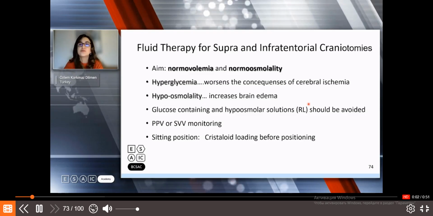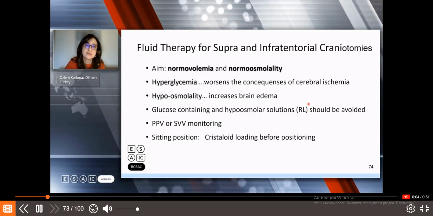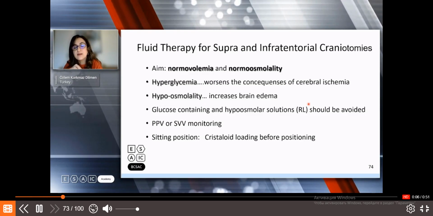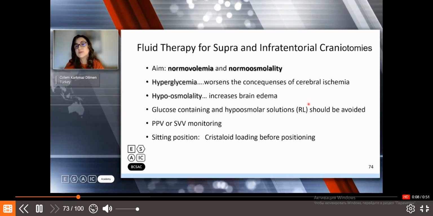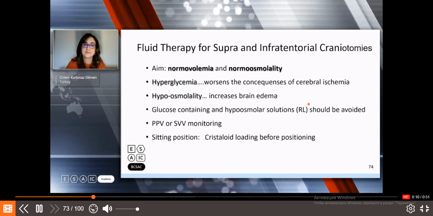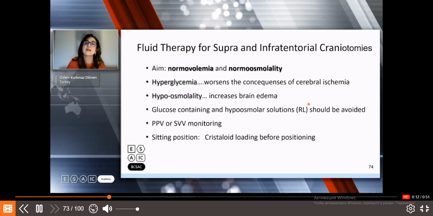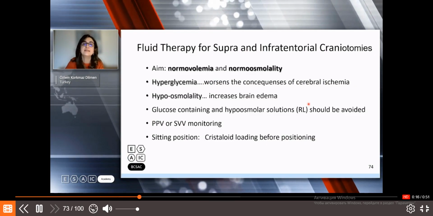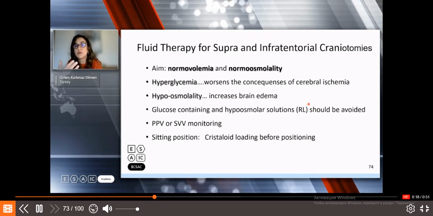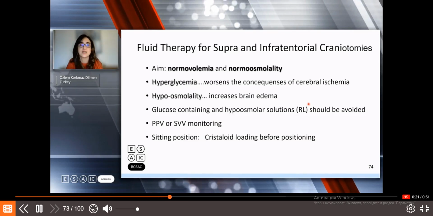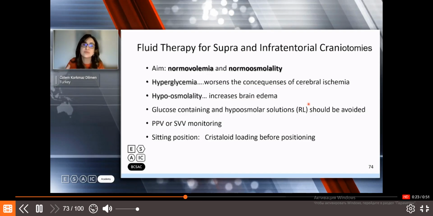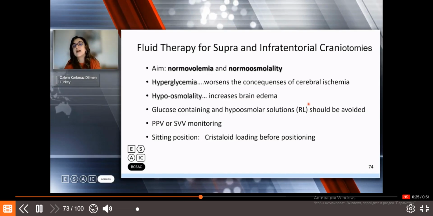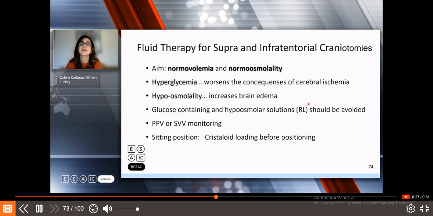In fluid therapy for supra and infratentorial craniotomy, our main aim is providing normal volemia and normal osmolality, because hyperglycemia worsens the consequences of cerebral ischemia, and hypoosmolality, as we all know, increases brain edema. That's why we avoid using glucose-containing and hypoosmolar solutions during neurosurgery.